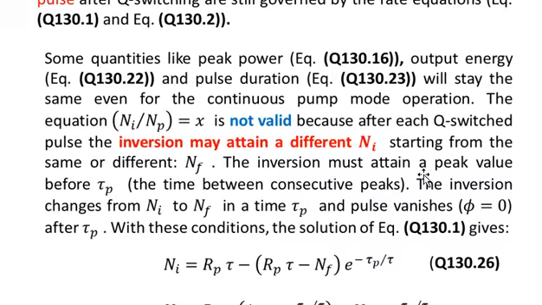The inversion must attain a peak value before tau p, which is the time between two consecutive peaks. The inversion changes from Ni to Nf in a time tau p, and the pulse vanishes, that is phi becomes equal to 0 after tau p. With these conditions, the solution of equation number 1 gives you.